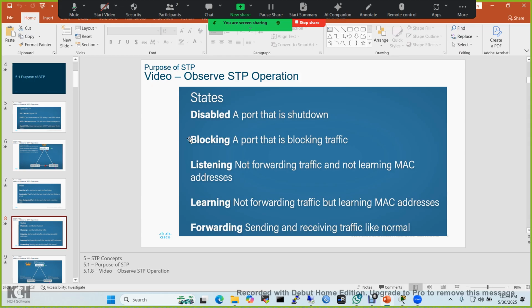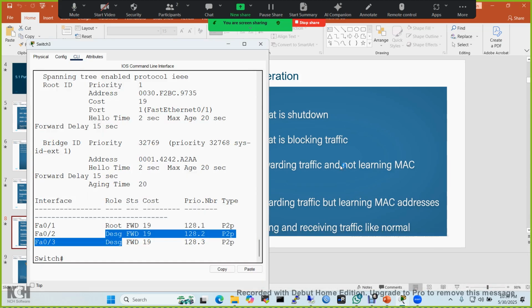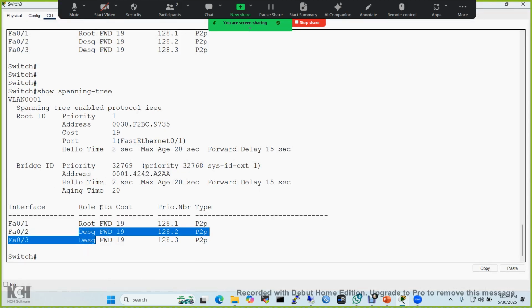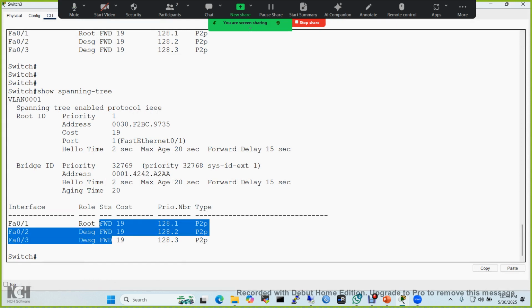These 5 statuses we can get in switch interfaces. I am showing which status is which. You can see all the statuses here.